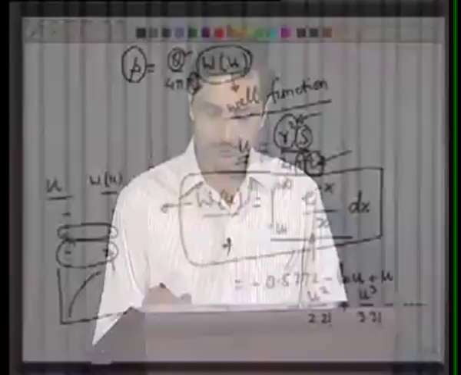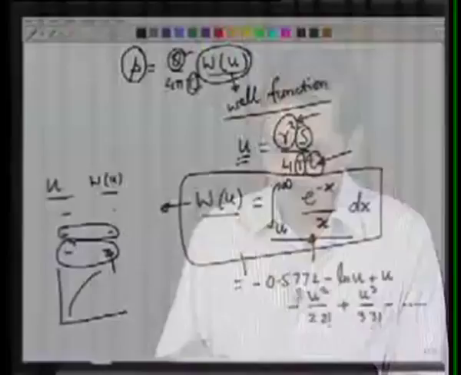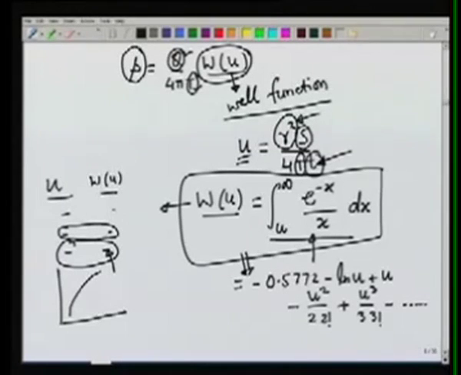If u is small, we can ignore the higher order terms, and there is an approximation which says that if u is less than 0.01, only the first two terms can be used. So that approximation we will see a little later, but W(u) can be obtained using this series, and once either from table or from figure or from this equation W(u) is known, the drawdown can be easily obtained.